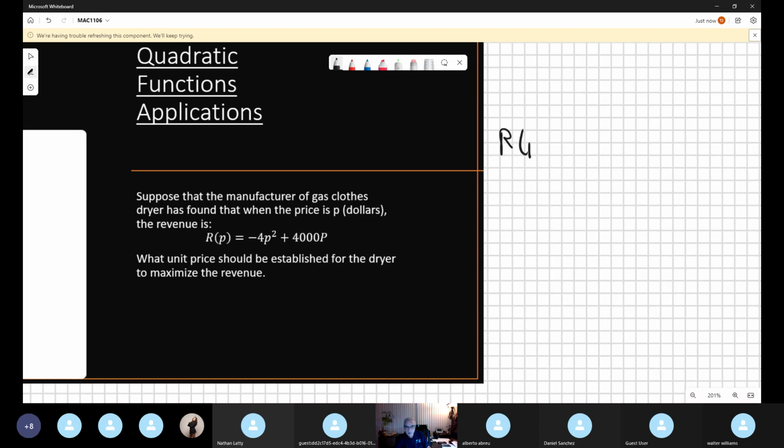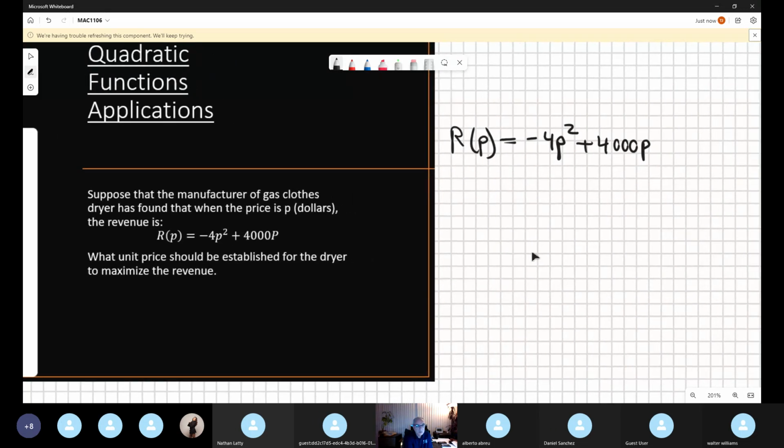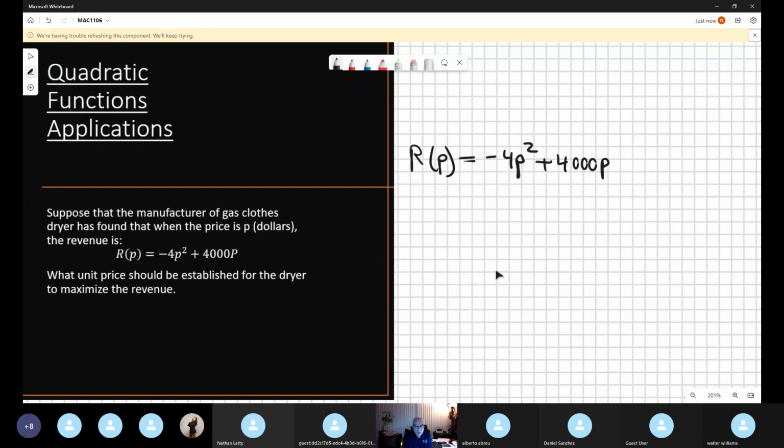Either way, R of P is equal to minus 4P squared plus 4,000P. Wow, it's weird. So, what do you think? Is this a quadratic function, yes or no?